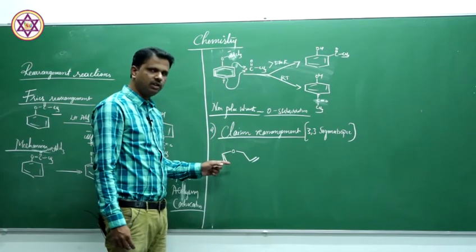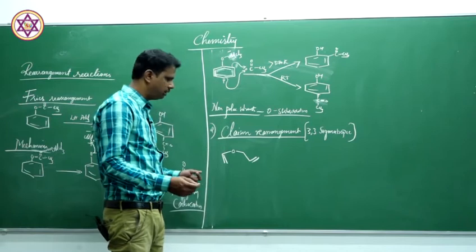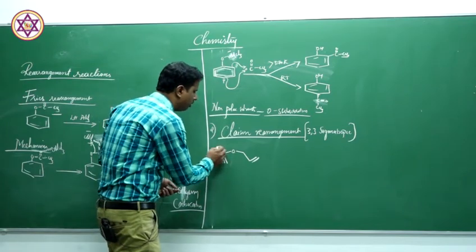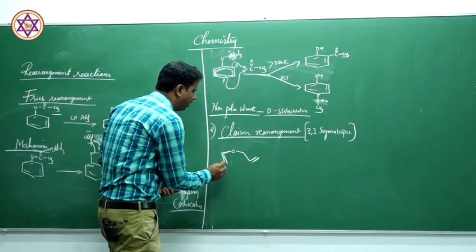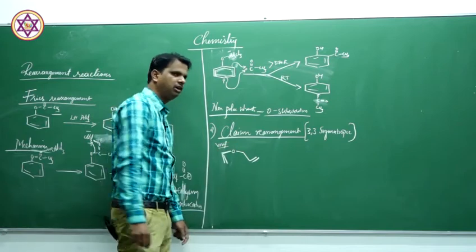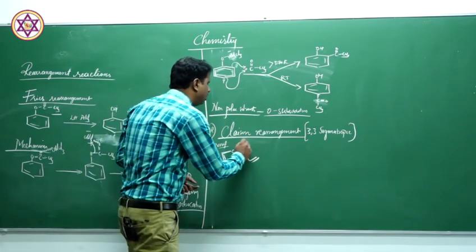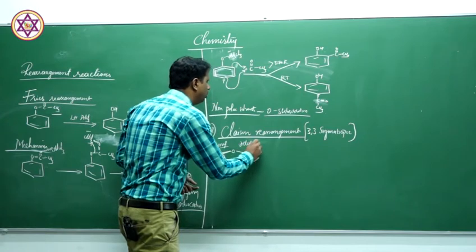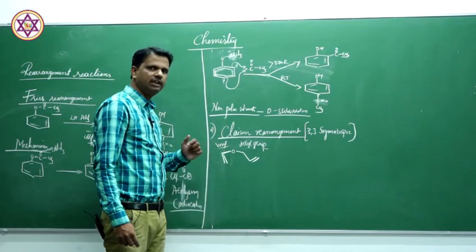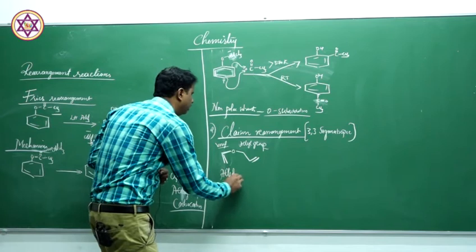On the left side, we have a vinyl group, that is an alkene vinyl group. On the right hand side, we have an allyl group. So we can call it allyl vinyl ether.